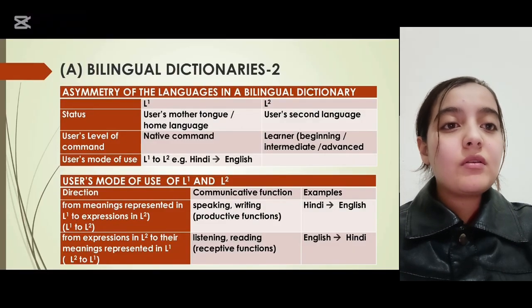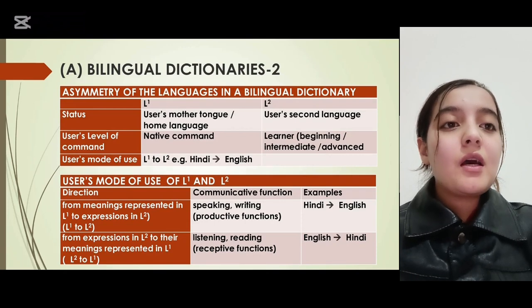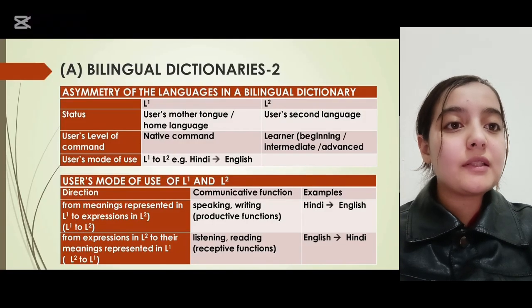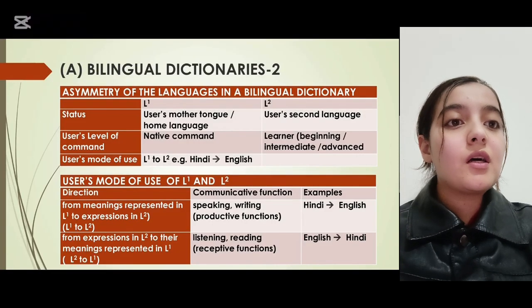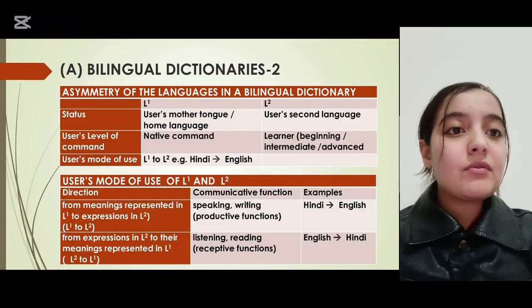In fact, there is a column which is redundant in the first table. I will just ignore that and move on to the user's mode of L1 and L2 in terms of direction, that is, in terms of communicative function.